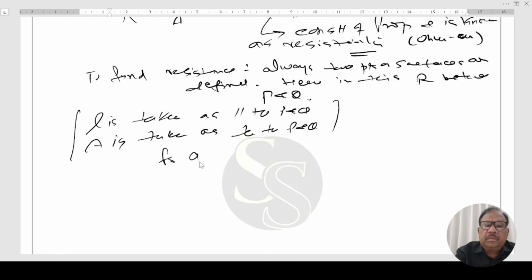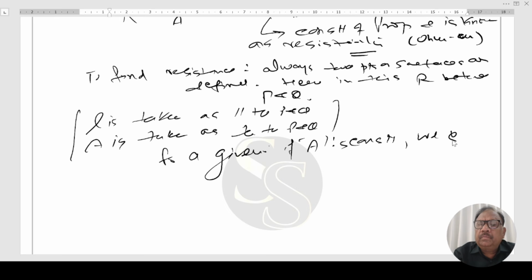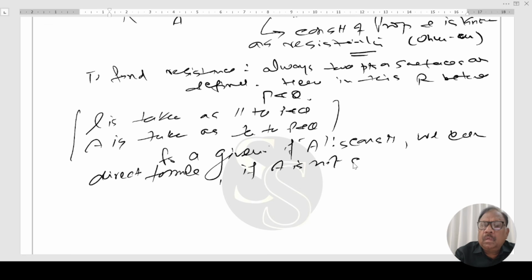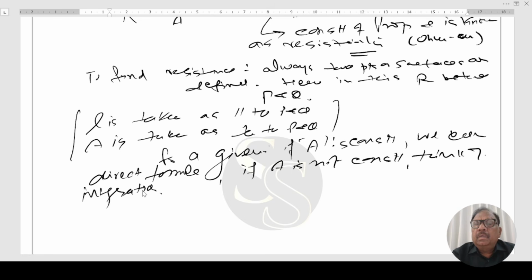For a given wire, if A is constant, we can use the direct formula. If A is not constant, think of integration. Right?